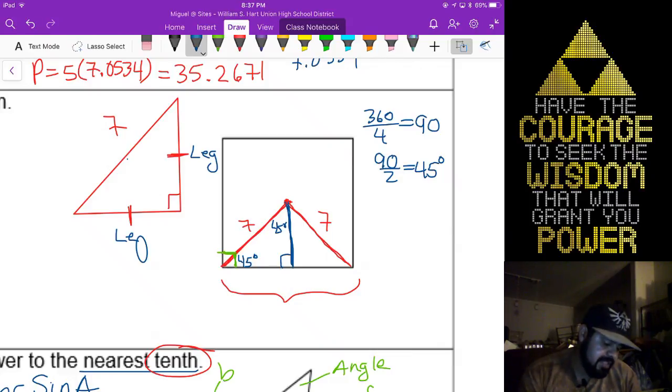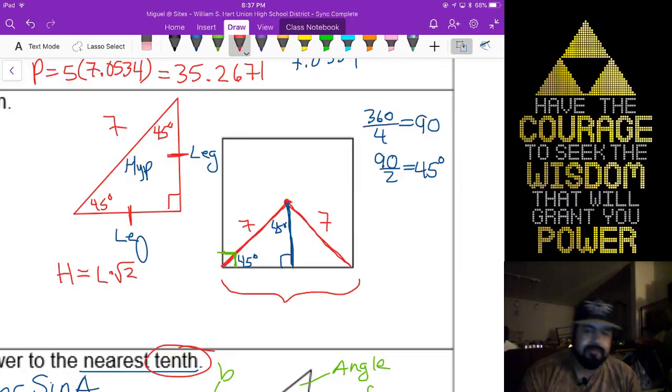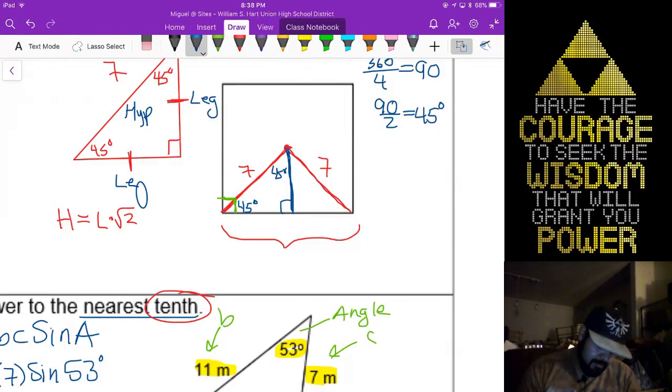So I'm going to need to use my relationship for my 45, 45, 90, which, if you recall, states that the hypotenuse equals a leg times rad 2. My hypotenuse is 7, and the leg, let's call it x.